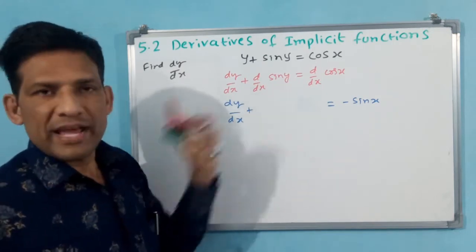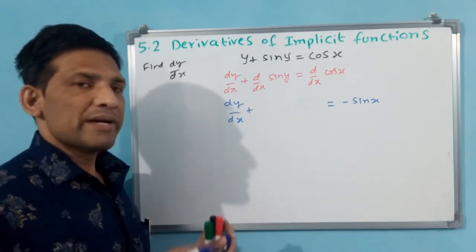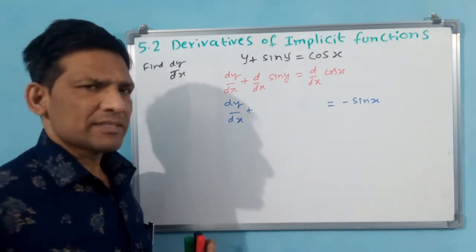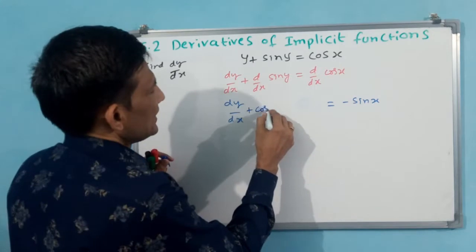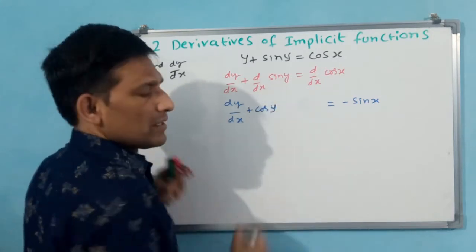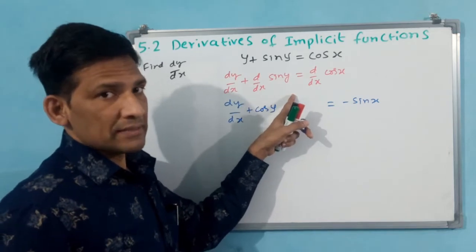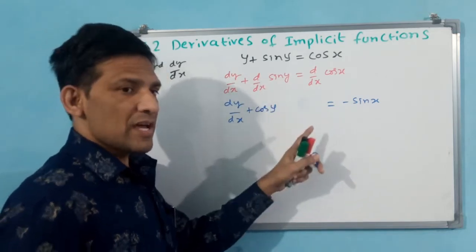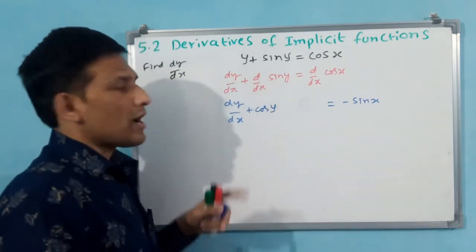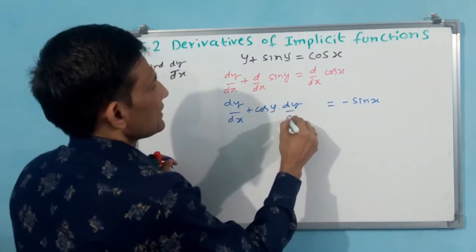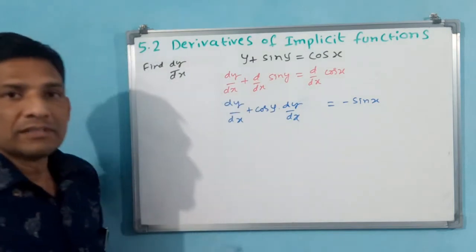D by dx of sin y is like d by dx of sin x, think like that first. D by dx of sin x means cos x. Write down cos x, where x means y here. Over? No, again you have to do dy by dx, because it is not x. If it is not x, you have to differentiate again until x comes, or else dy by dx has to come, into dy by dx. You understand now?